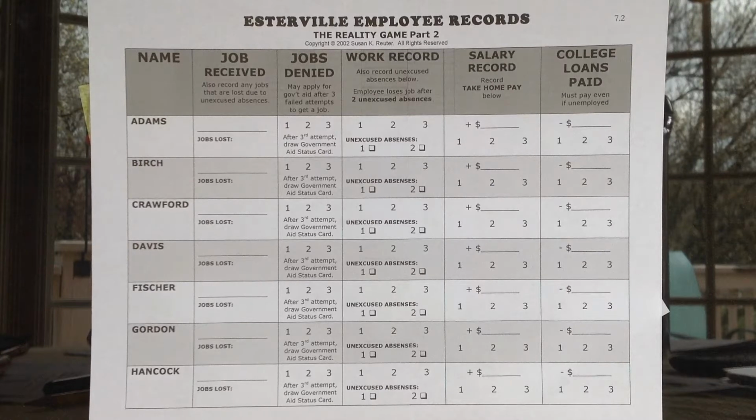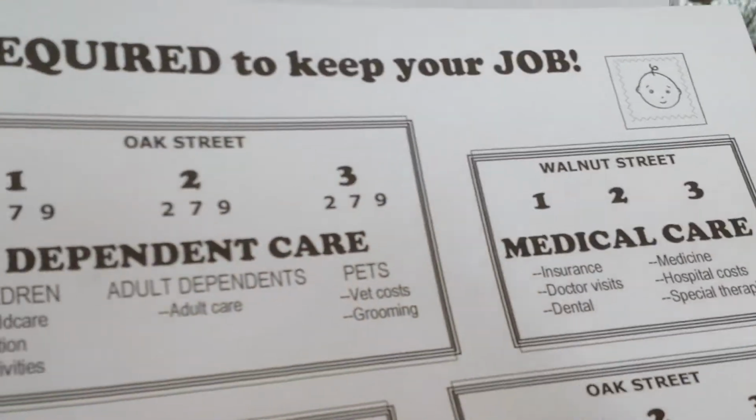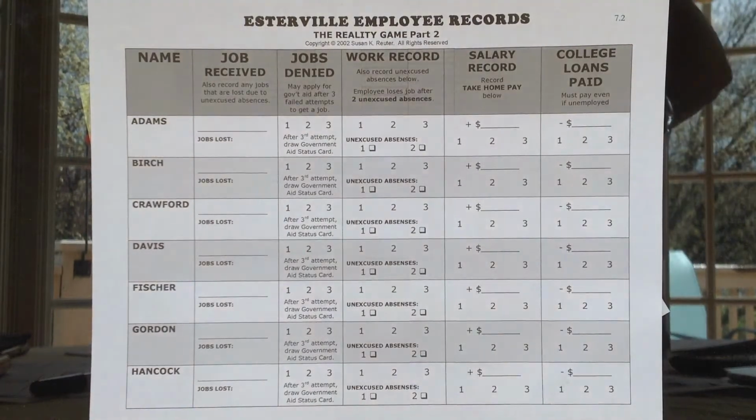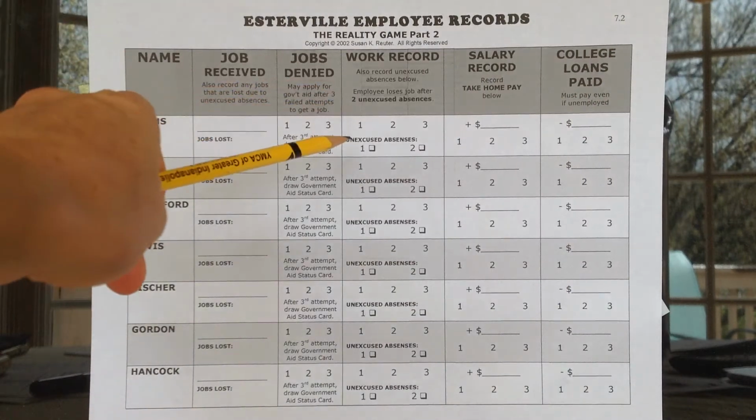Okay, so if all of their needs have been met on that side, then they're good to go. But if any of the required needs are not met, say there's one of these needs that's not met, then you're going to go up here, and that's considered an unexcused absence if one of their needs is not met on that side, just on this side with the four boxes.